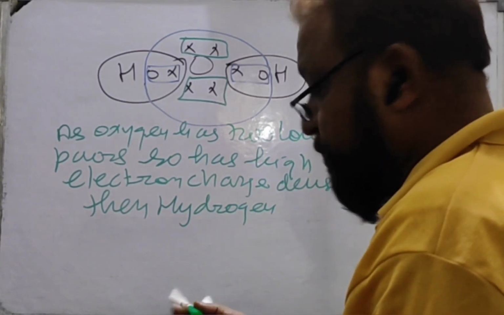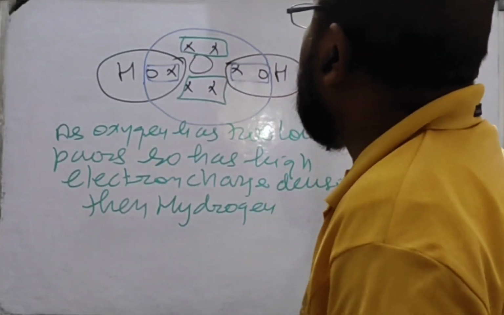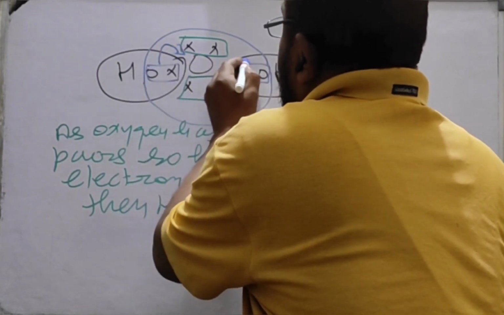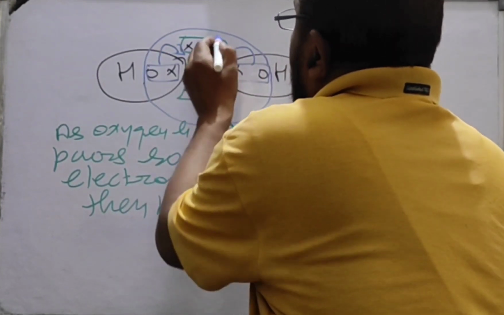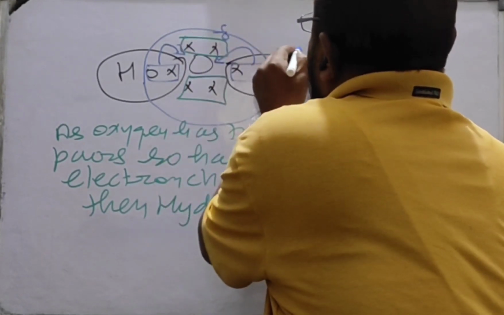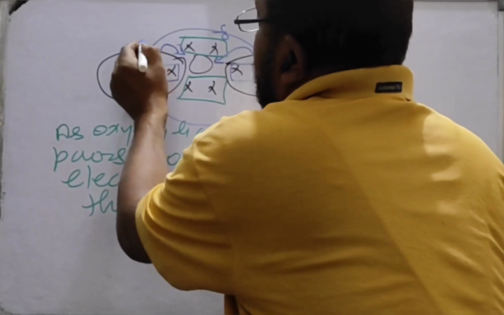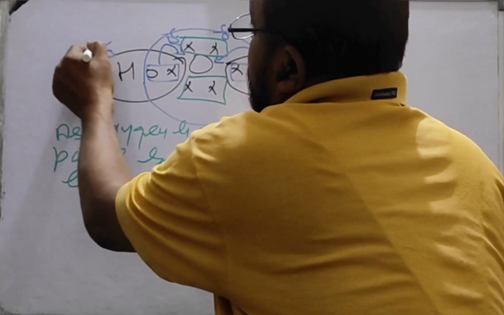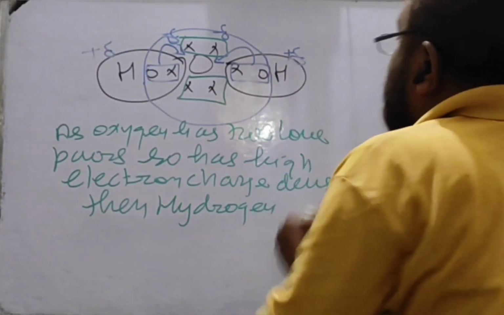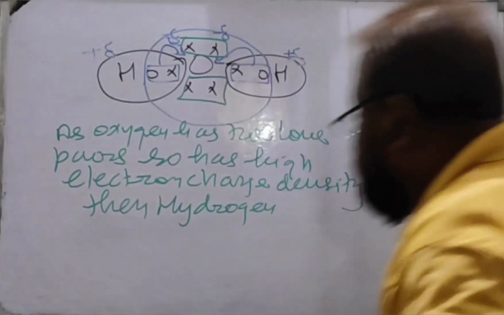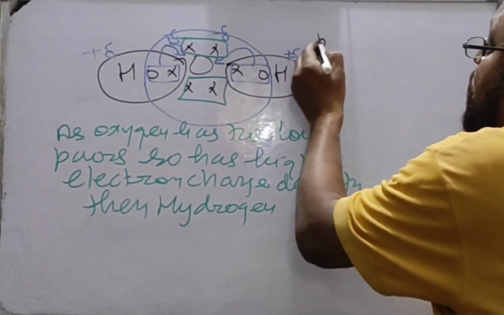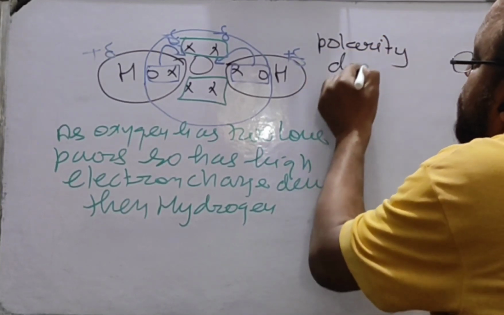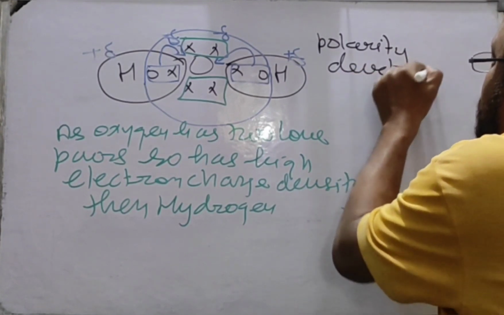So hydrogen gets partial positive charge.